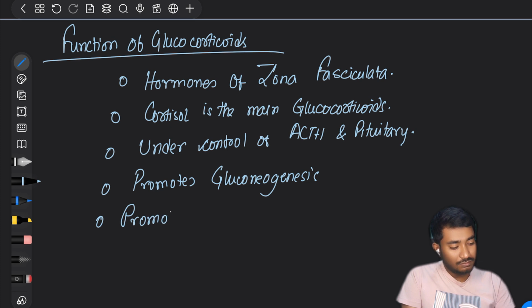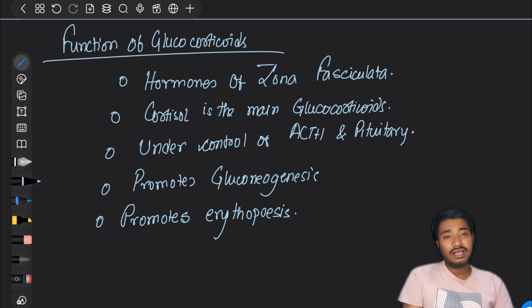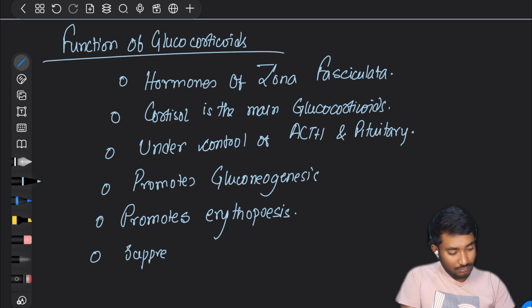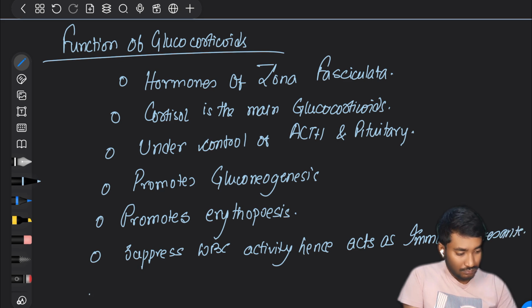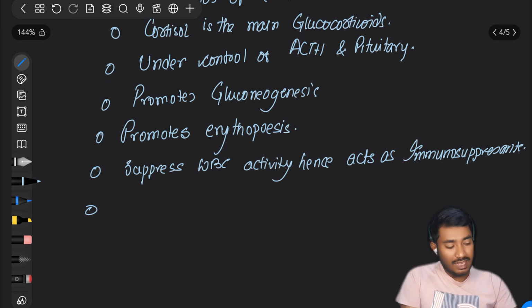It promotes erythropoiesis. In the case of CKD patients, we see a gradual decline of the hemoglobin. It suppresses WBC activity, hence acts as an immunosuppressant. It promotes proteolysis and lipolysis.